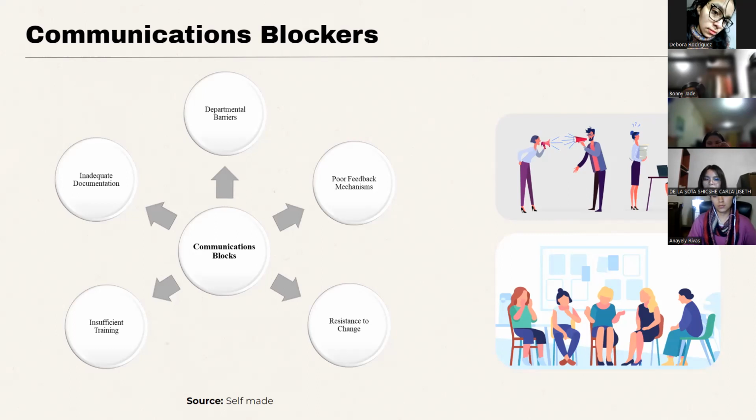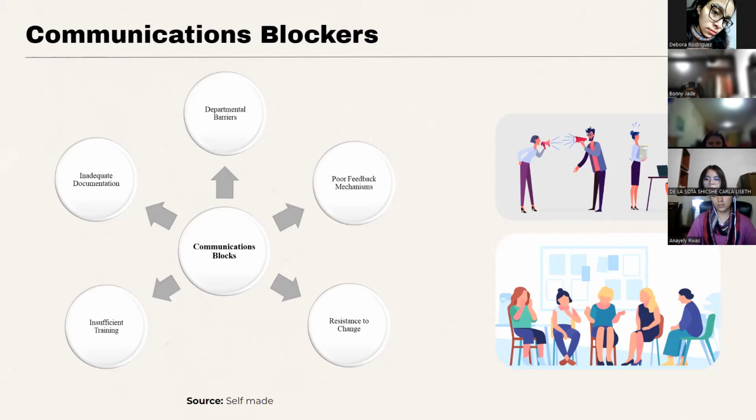departmental barriers. The issue here is the lack of communication and collaboration between different departments involved in the process of making this chocolate bar, such as production, packaging, quality control, or distribution. So a solution that we have thought about for this blocker is to encourage cross-functional communication and collaboration in the company.